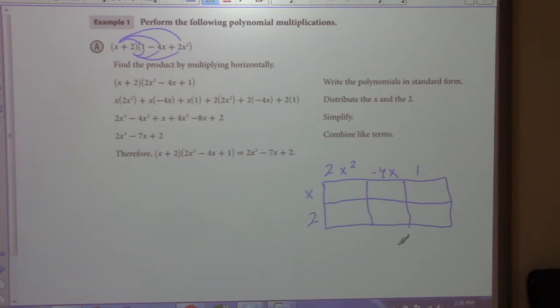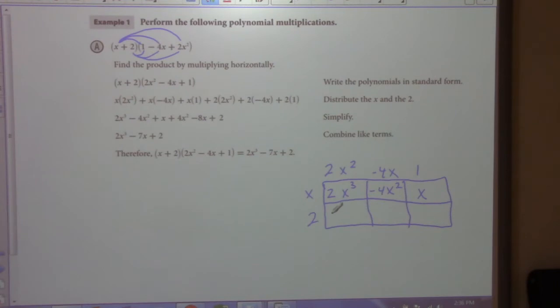Then same thing, multiply in the space together where they intersect. x times 2x squared is going to be 2x to the 3rd power. And x times negative 4x, negative 4x squared. 1 times x is x.